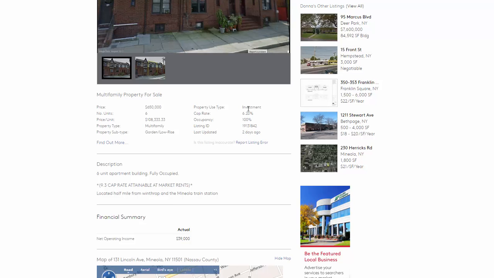So cap rate, they say 6.2. The NOI, net operating income, is basically all the rents minus all the expenses, including taxes. So basically, if you had no mortgage and you paid 650, you'd get 39,000 a year back.